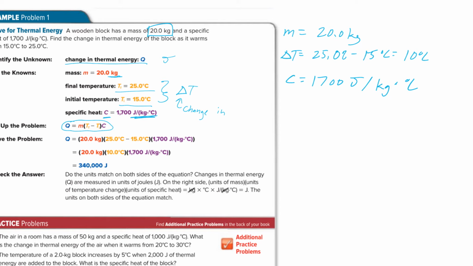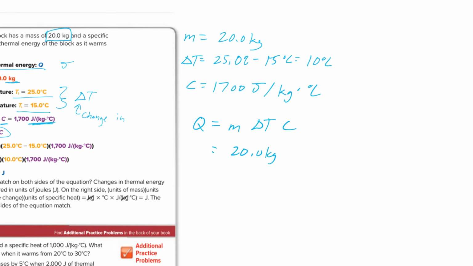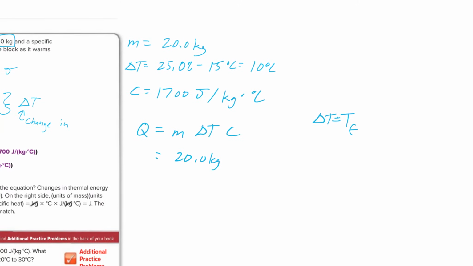So now our equation, I'm going to rewrite this. Q is equal to M delta T C. And we know M is 20. I'm just going to rewrite this delta T over here: T final minus T initial.